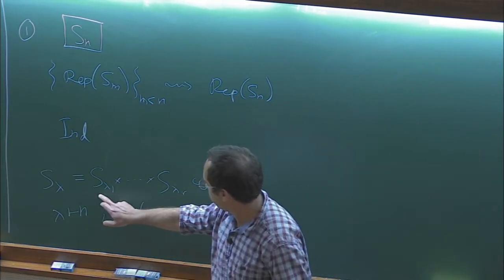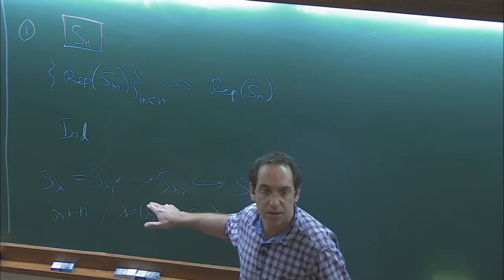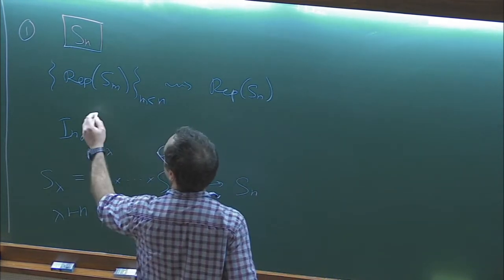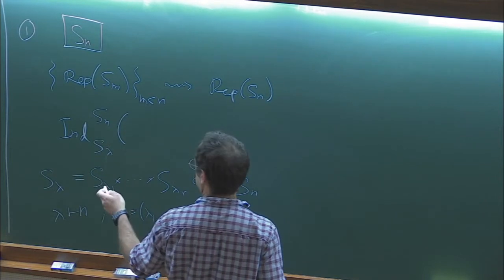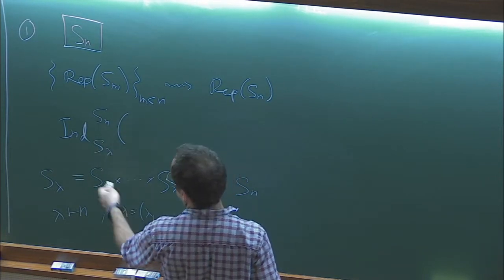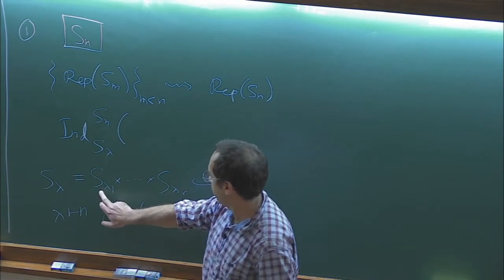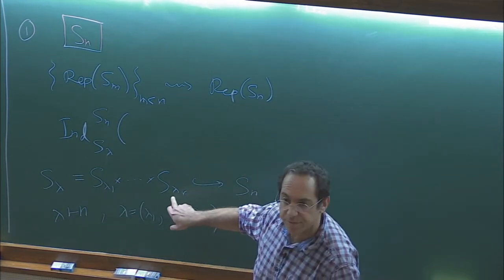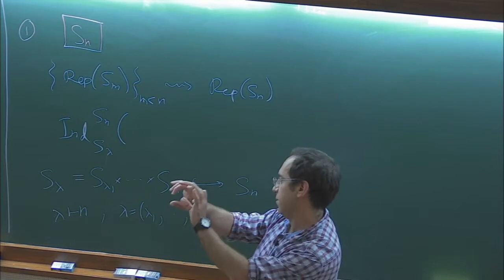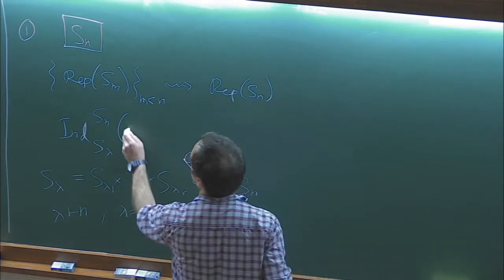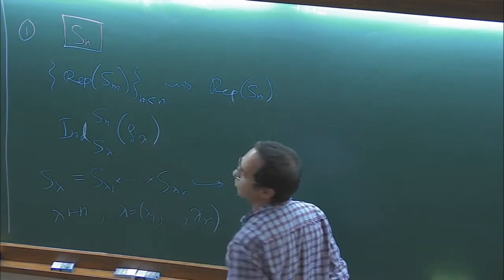Now we know the representations of all these subgroups. We can induce from S lambda to Sn representations of S lambda. So we take a representation rho 1 of S lambda 1 up to rho r of S lambda r, and we take the exterior tensor product, we get a representation of this subgroup, and we can induce it to Sn.